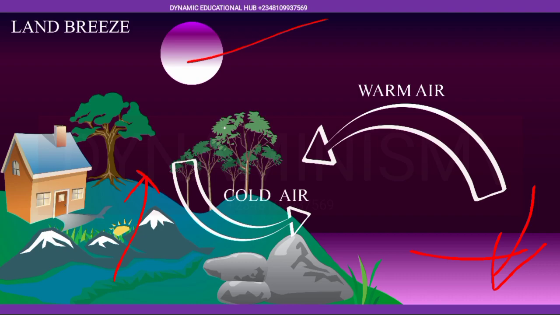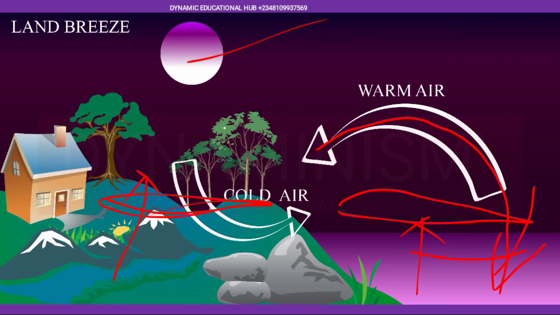So simple. During the night, all the heat that it has absorbed, it will release during the night that the sun is no longer shining. And this one, don't forget, has released all its heat. Which means that the air above this ground level will be cold. The temperature will be low compared to the air above the sea. Above the sea, this air we have high temperature.